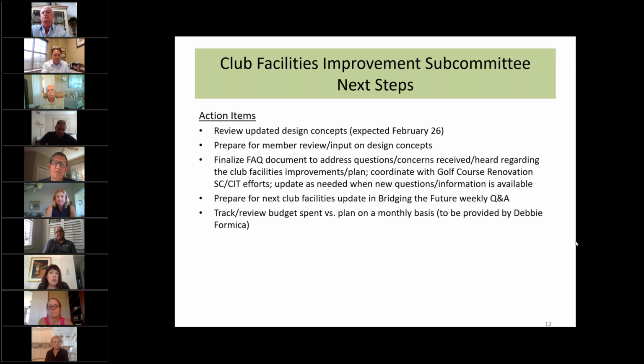I don't think we'll see drawings of buildings per se, but I would have to confirm with the architect what he's going to have for us. Right now we're seeing very basic shapes and placements of the different pieces, the fitness center, the pool, the bistro, et cetera.